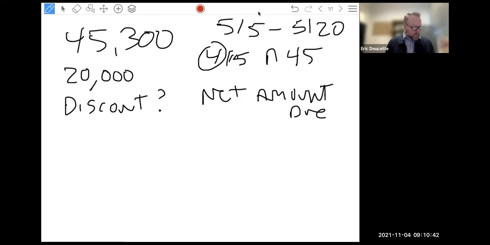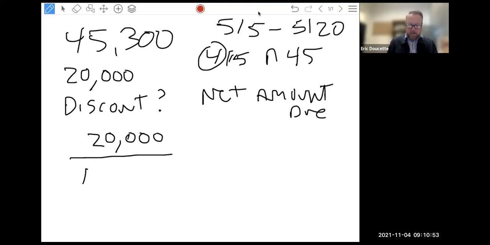So you want to use a little bit different formula for that. You want to do your partial payment, so basically your partial payment is $20,000, and you want to divide that by 1 minus the discount amount. In this case, the discount amount is going to be 4% if they paid it within that period. So first let's figure out what this bottom number is.